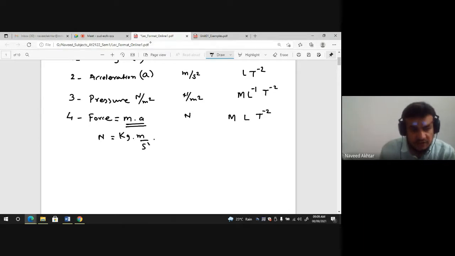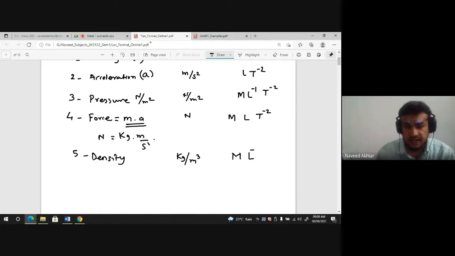Now I will write down another one, density. We measure density in kg per meter cube. The dimensional quantity for this is M and L raised to minus 3.